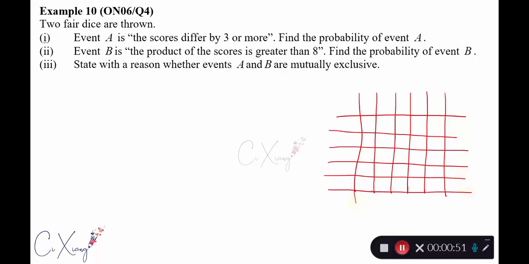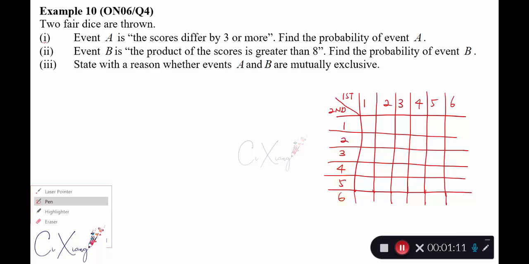So I try to complete the possibility space diagram first. Let's say I have the first dice with the first set of outcomes, which is 1, 2, 3, 4, 5, 6, and also the second dice with the second set of outcomes, which is also 1, 2, 3, 4, 5, 6.